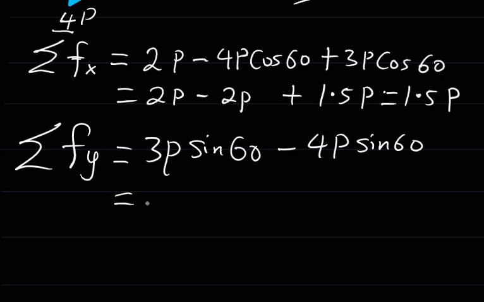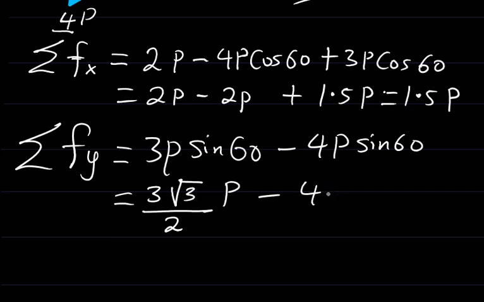As a matter of fact, I can go by special angle. Sine 60 by special angle is root 3 all over 2. So 3 sine 60 is root 3 all over 2, then of course p.